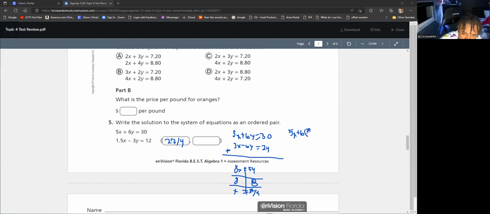This is x right here. Remember? X, not y. Put it right here. Got it? First one. Oh yeah, okay, I get what you're saying. Don't write the x. Just write 27 over 4 right there.